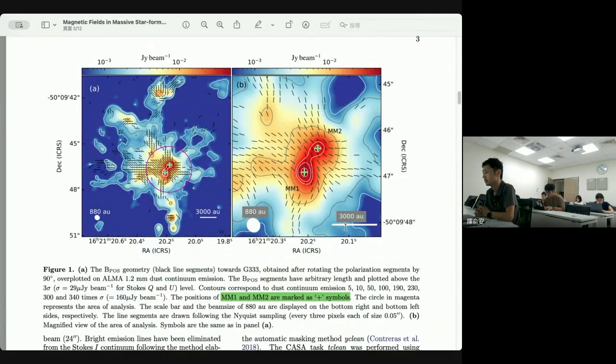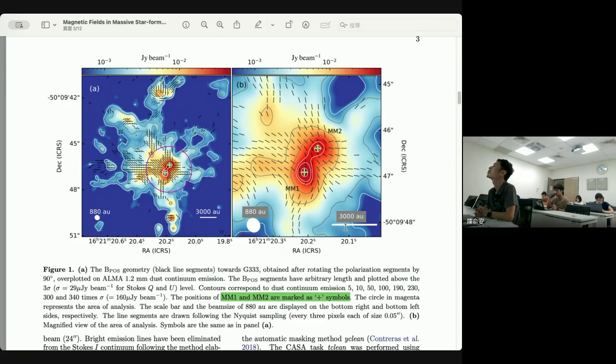So this figure shows the plane of sky magnetic field geometry toward this target, and they obtain it after rotating the polarization segments by 90 degrees. So it is a common way to obtain the magnetic field directions.